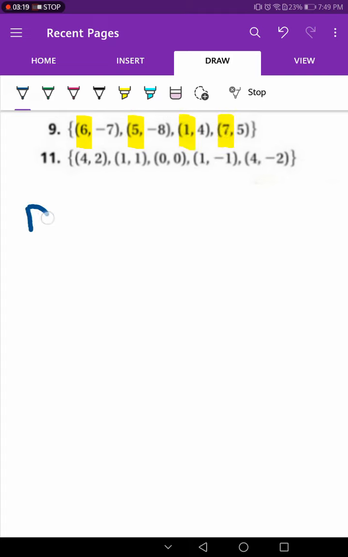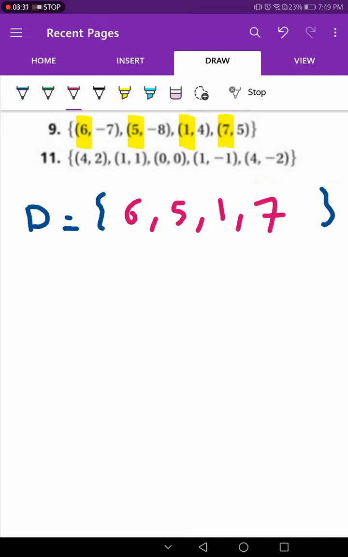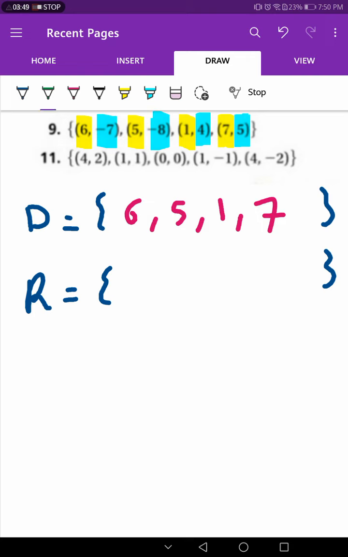So you write like this, domain equal to braces, and I write 6, 5, 1 and 7, and the range is, yes, the y coordinates or the output, which is -7, -8, 4 and 5.